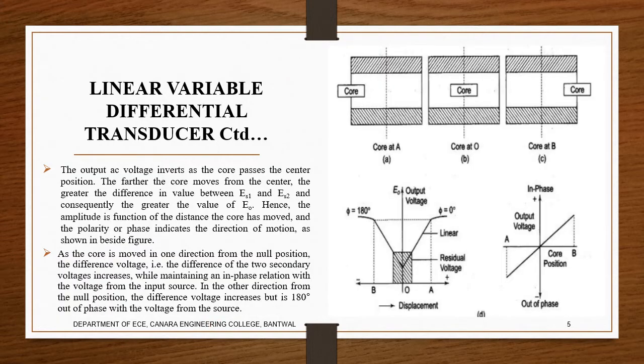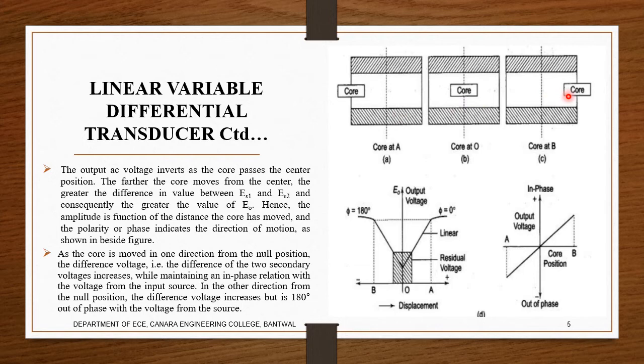Similarly, for the position I have explained here, when it is at position A, that's the left side. When it's at position 0, that's the core at 0, and another at the core at B, the core is in more contact with the winding S2. So here the output AC voltage inverts as the core passes the center position.